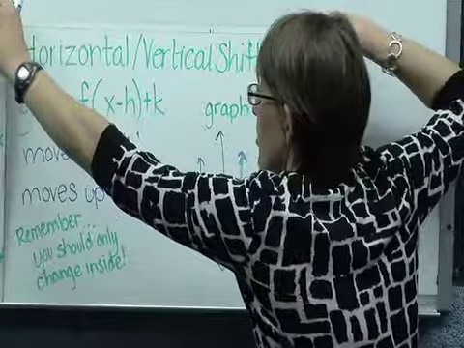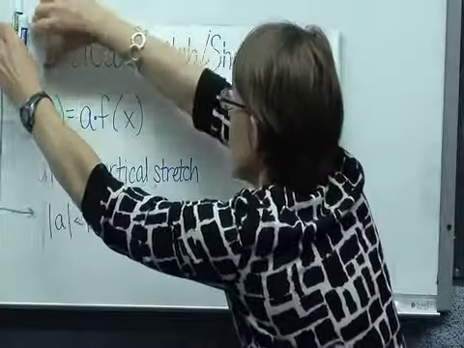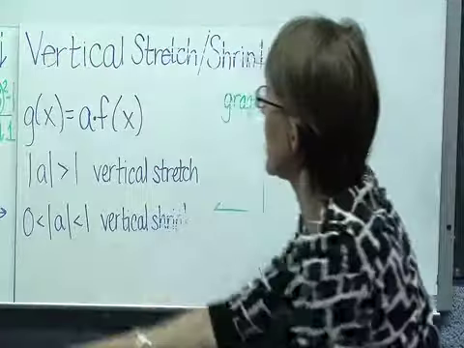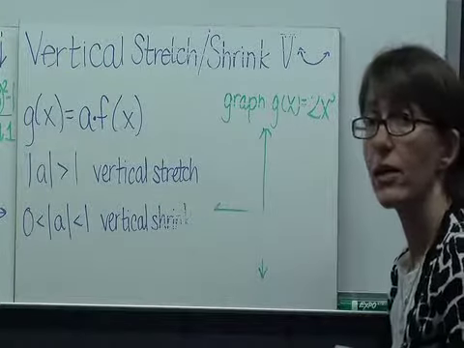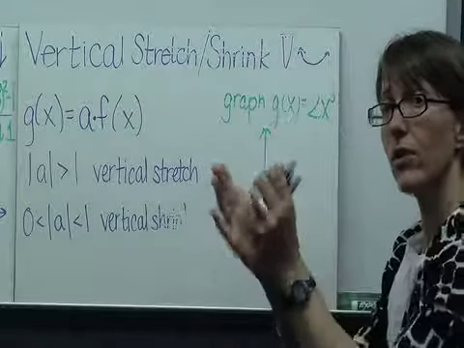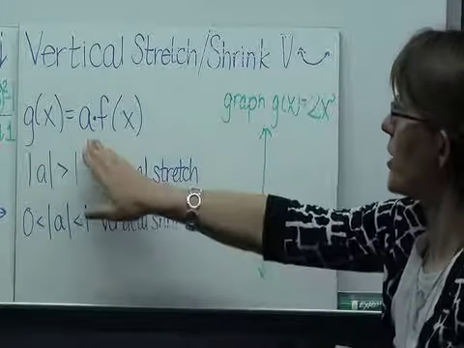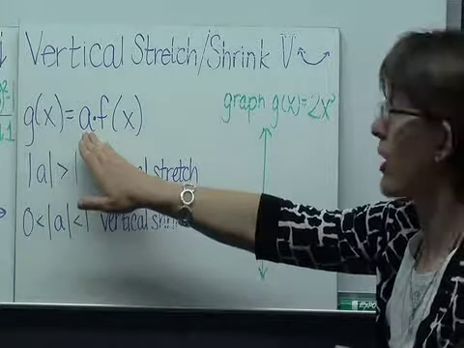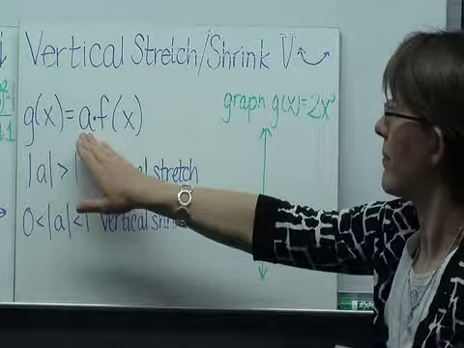So let's move on to another type of transformation, and that is vertically stretching or shrinking the function. This is making the function stretch taller or made shorter and wider. We do this by multiplying the function by a number a.